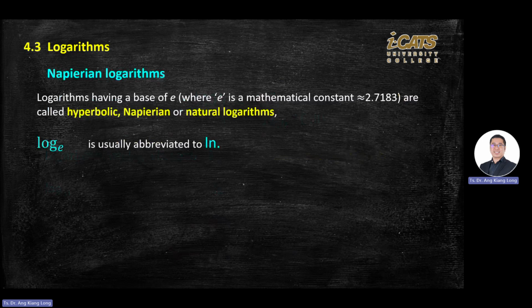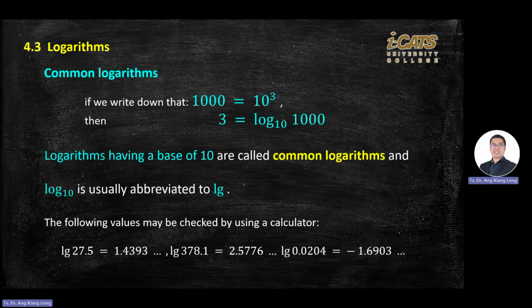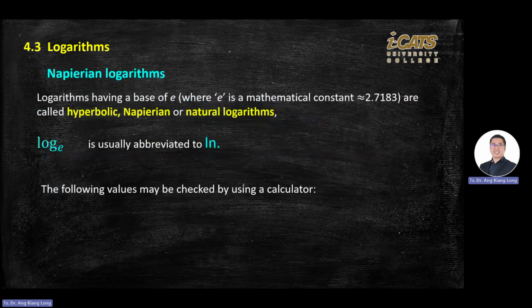Another one is called ln, or in some textbooks they call it Napierian log or natural log. So we have the common log and the natural log. ln means log base e. In your calculator, you see a small e on your button there.